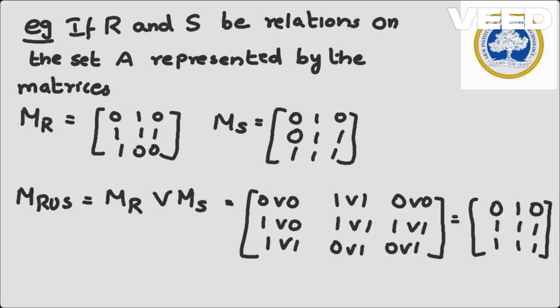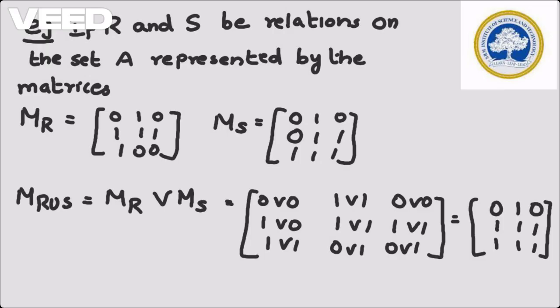Here we will join the corresponding elements: 0 or 0, 1 or 1, 0 or 0, that is A11 of matrix representation of R with A11 of matrix representation of S. Similarly, for the second row also 1 or 0, 1 or 1, 1 or 1.